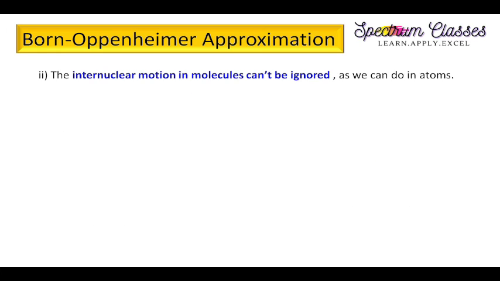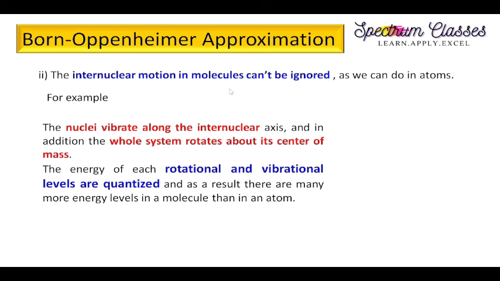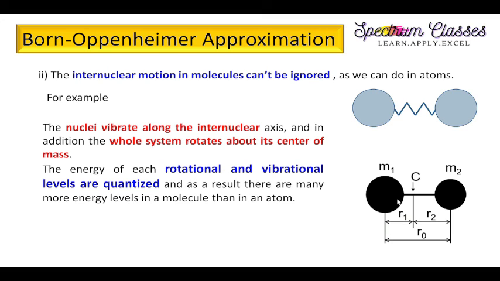Now the second point is that the internuclear motion in molecules cannot be ignored, as we can do in the case of atoms, because nuclei vibrate along the internuclear axis, and in addition the whole system rotates about its center of mass. Here I am going to show you this. Fine, so this is rotating about its center of mass.